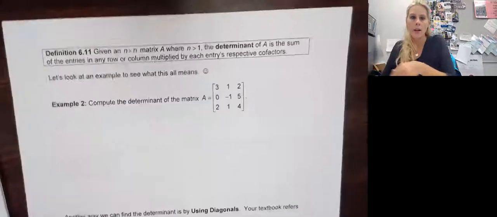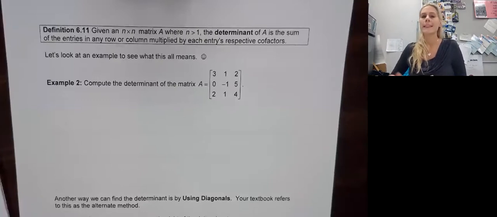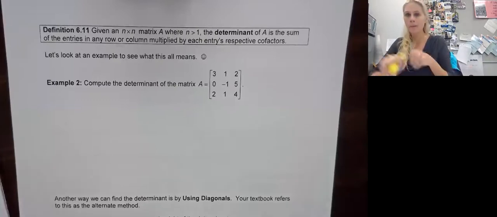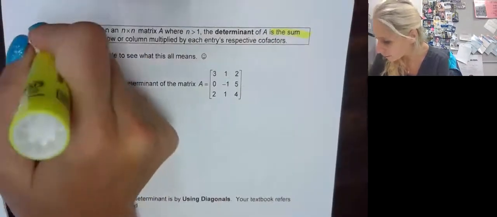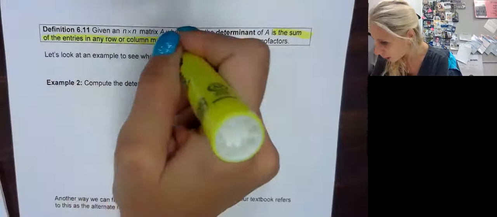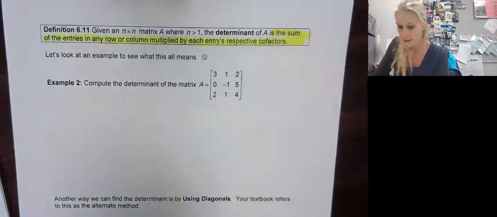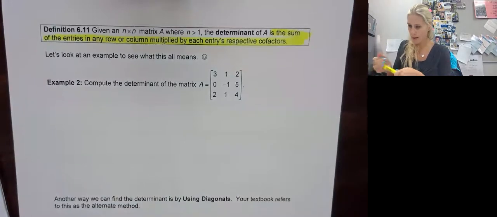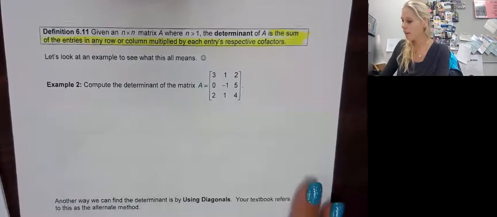All right, so here's our theorem. Given an n by n matrix A, where n is greater than 1, the determinant of A is the sum of the entries in any row or column multiplied by each entry's respective cofactors, okay? Now, what does that mean? Okay, we have our 3 by 3, right?